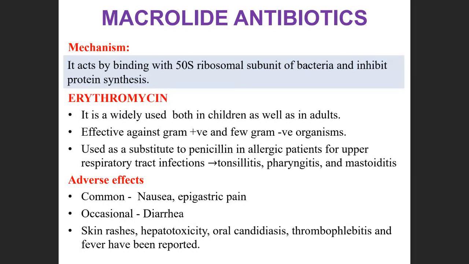In the RNA there are some subunits that cause protein synthesis.